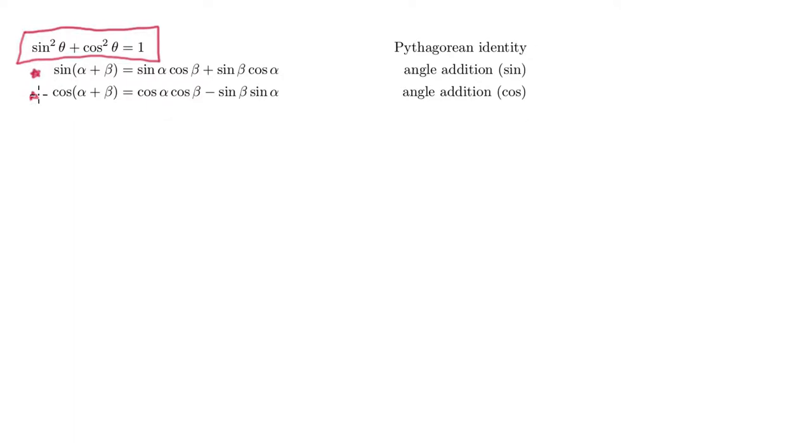And they're the sum identities or angle addition identities for sine and cosine that are also really important. And we'll see how these can be applied in just a minute when we do some examples. But first of all, I want to notice something else from the unit circle.